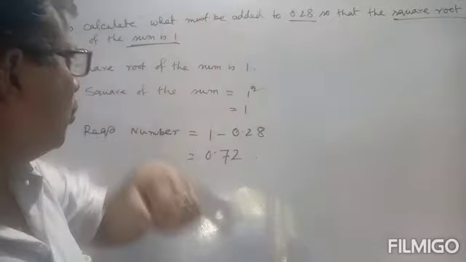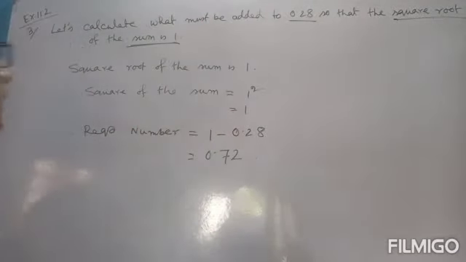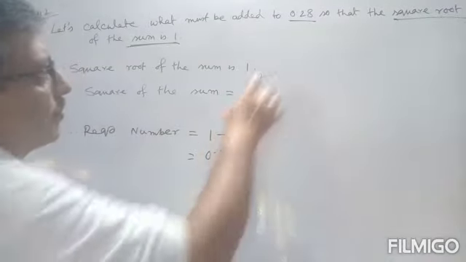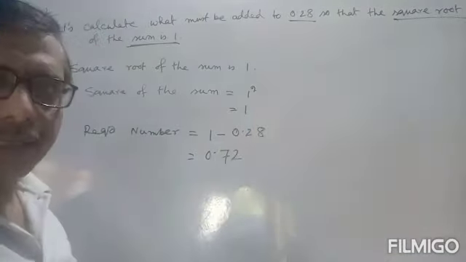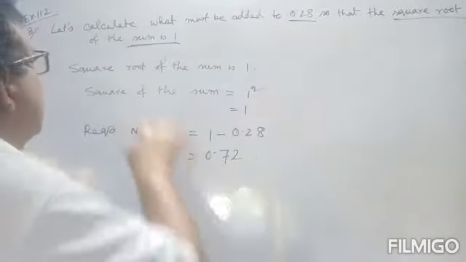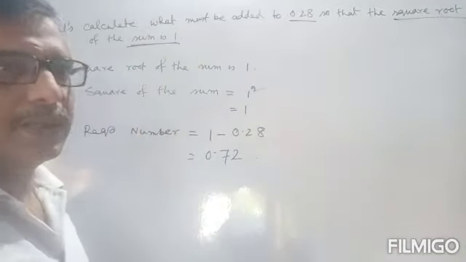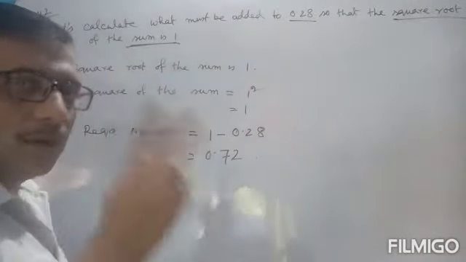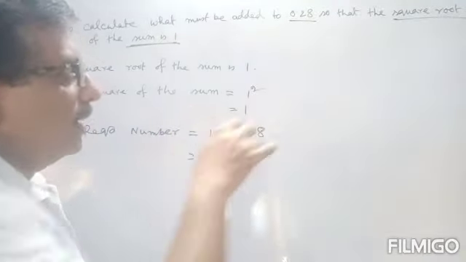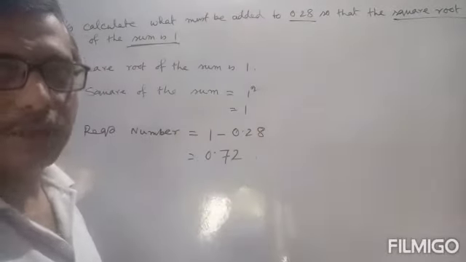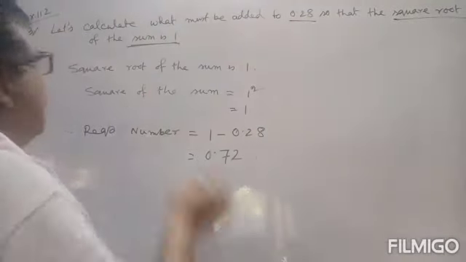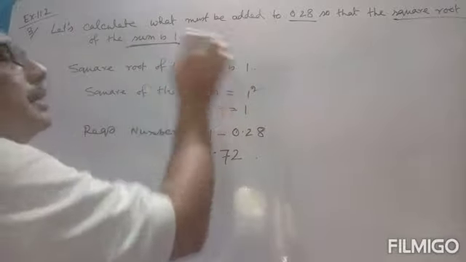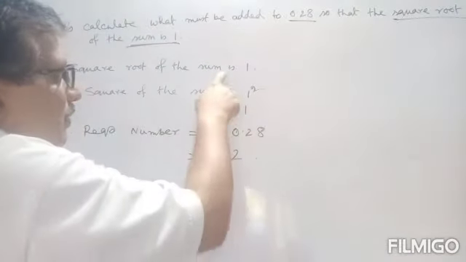That means it is given that the square root of the sum of two numbers, one number is 0.28, we have to find the other number, and if we take the square root then we get 1. So we have to find out the other number. The square root of the sum is 1.